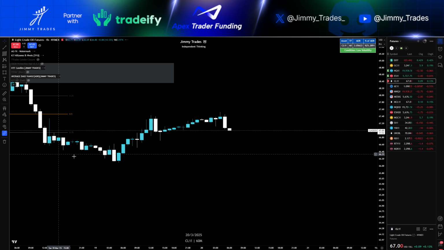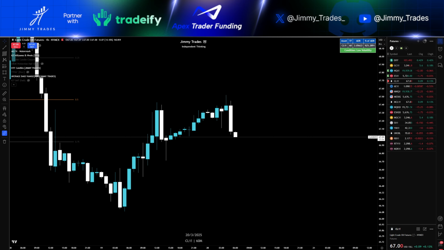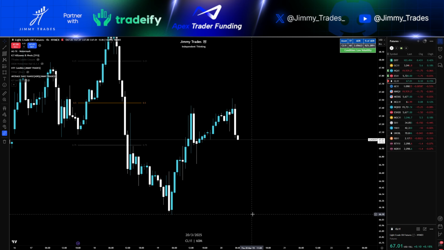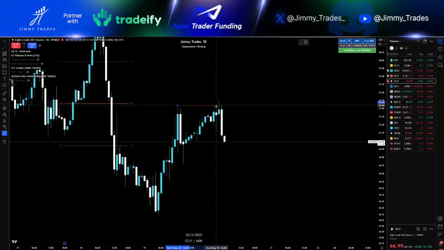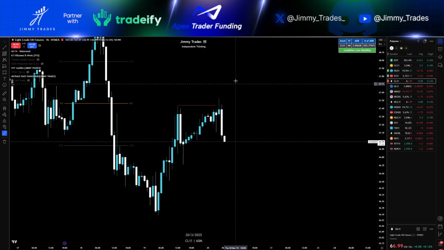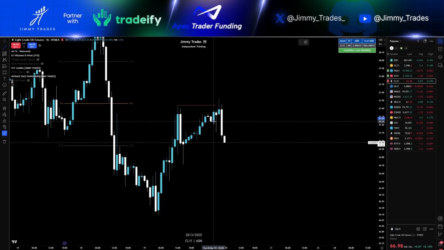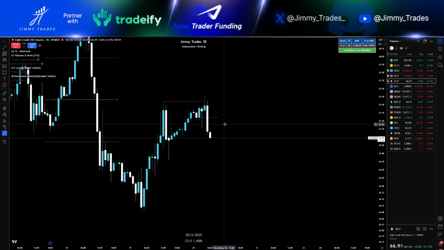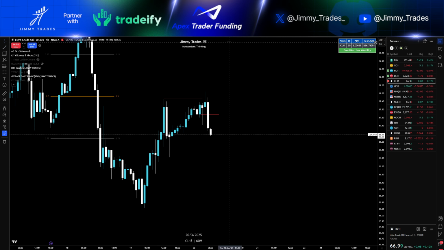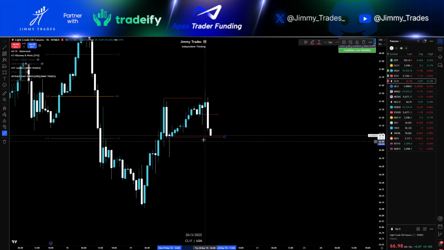Drop into the hourly. I'm liking what I'm seeing. Lovely little sweep here. We've now also got a lovely change in the state of delivery through here with displacement. Next level of confirmation, a close through this price level here.